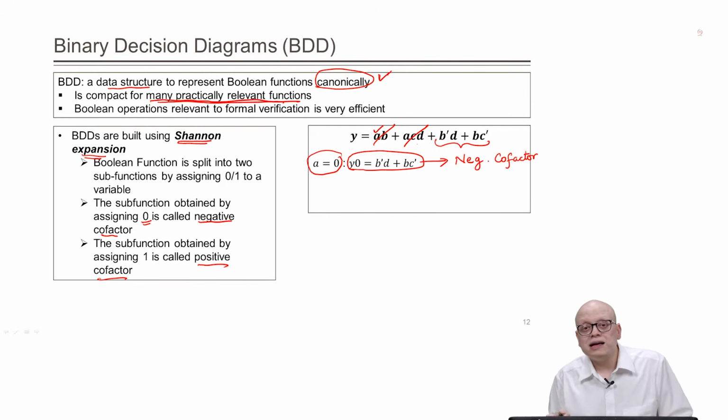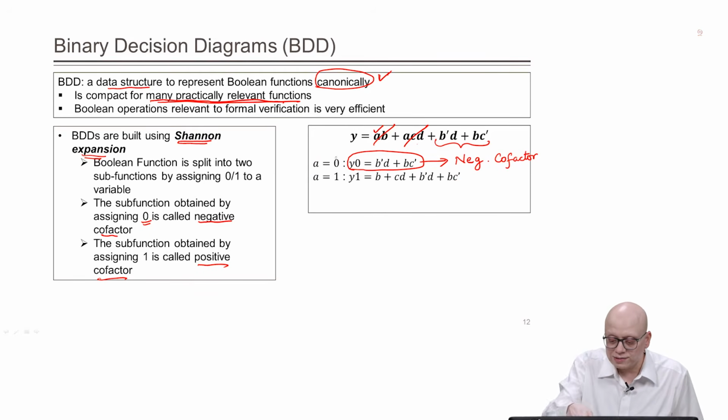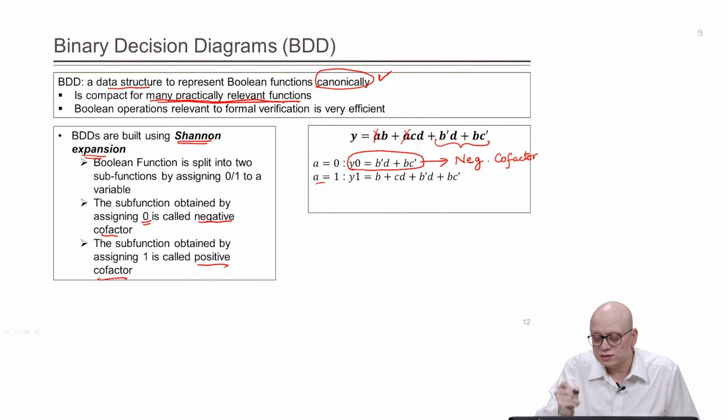And then we assign A equal to 1. Now, the A term goes away in this term, and in this term as well. So, we are left with y1 equal to B plus CD plus the other terms, and this subfunction obtained after assigning A equal to 1 is known as the positive cofactor.